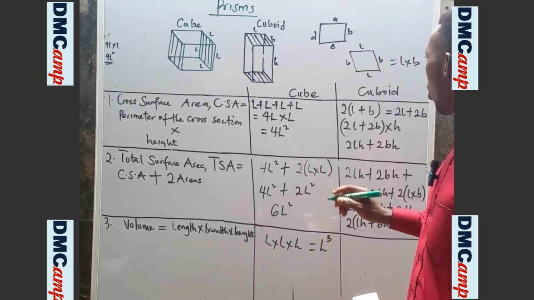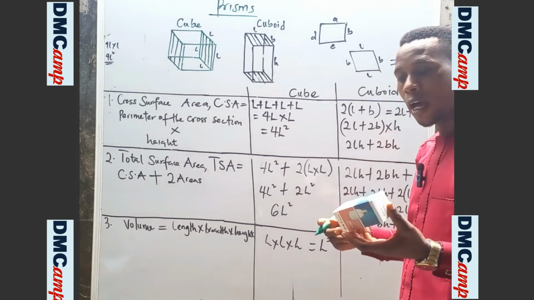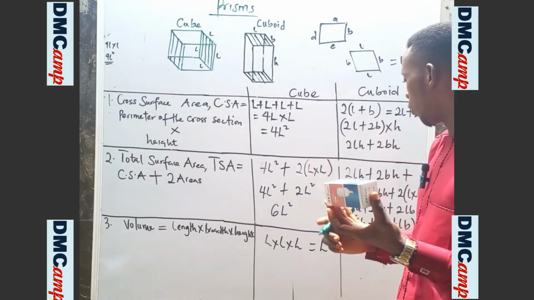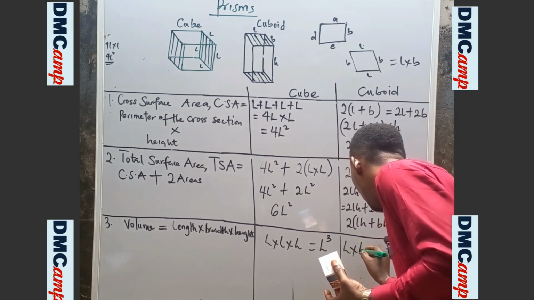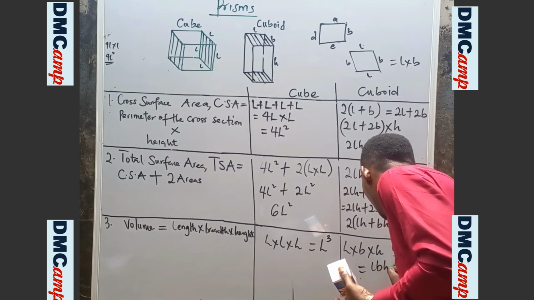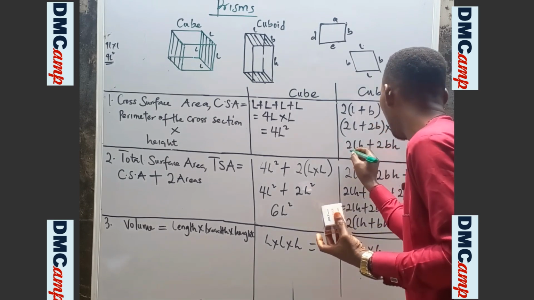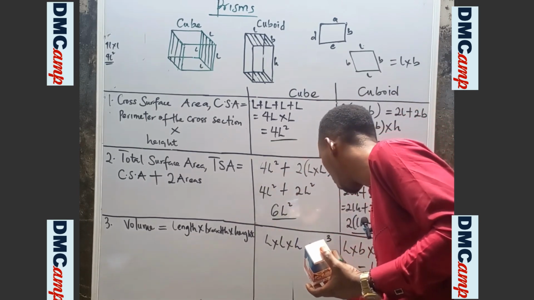Also here, length times breadth times height will give us the volume, LBH. That is the volume. This is for this, and this is for this.